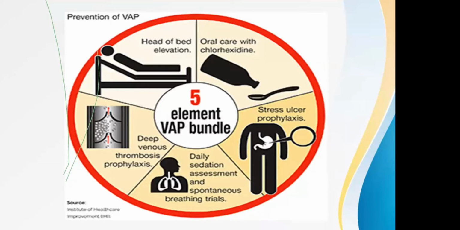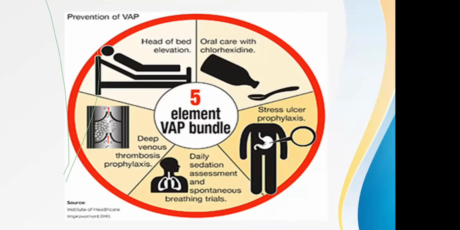Then stress ulcer prophylaxis, for which we need a clinician to look into it. Then daily sedation assessment and spontaneous breathing trial. Physiotherapy can help us in many ways in reducing the risk of ventilator associated pneumonia: continuous percussion at the back region, physiotherapy exercises, breathing exercises. Nowadays with COVID, I think half of the world knows about spirometry exercises, so that will help the person.